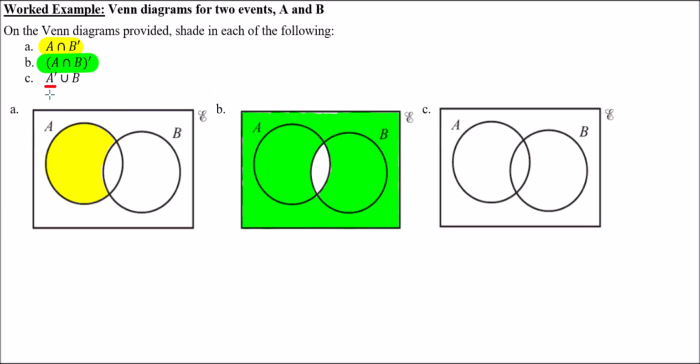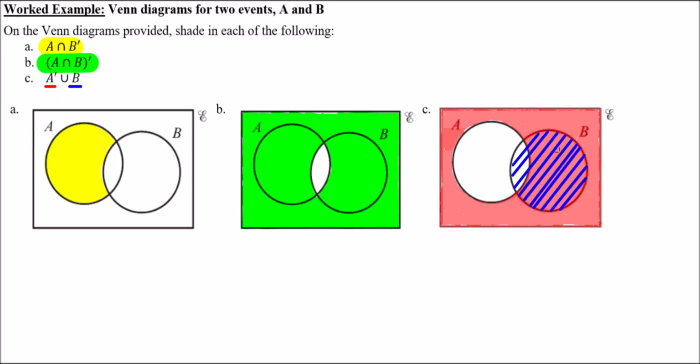Finally, part C, A dashed means everything apart from circle A, which is this region I've shaded in red. I've made it slightly transparent so you can see the A and the B. And also now, considering region B is just the entirety of circle B. So if we add this in like so, using the diagonal lines again, that's all of region B. Now what we want here is to unify A dashed with B. We want to join together the red and the blue into one.